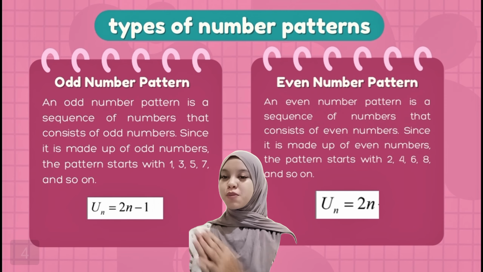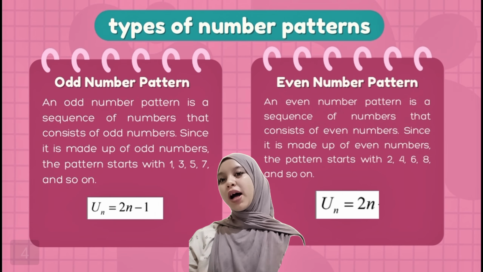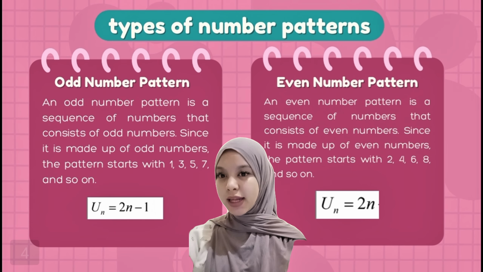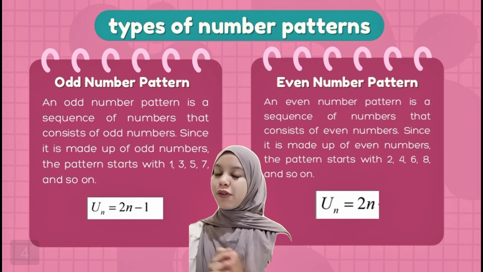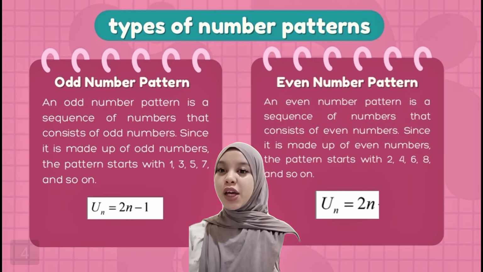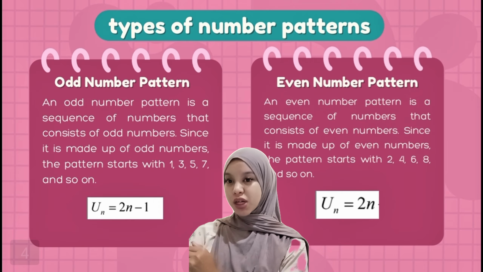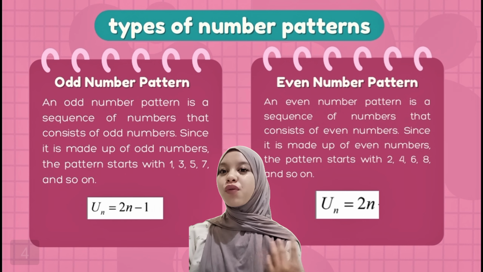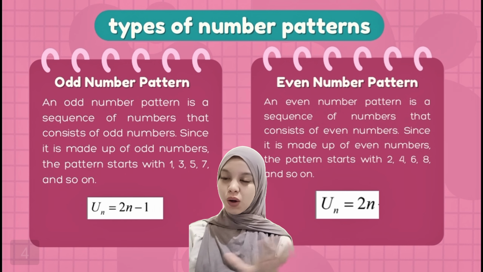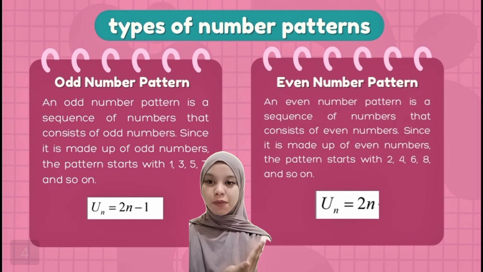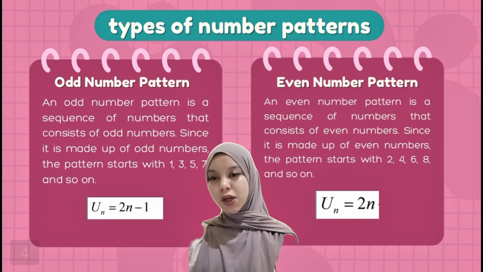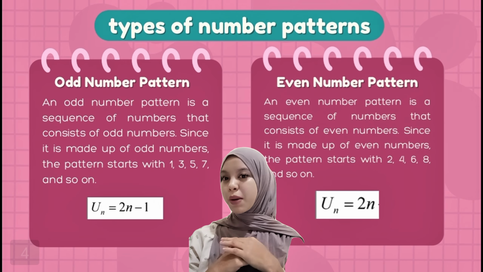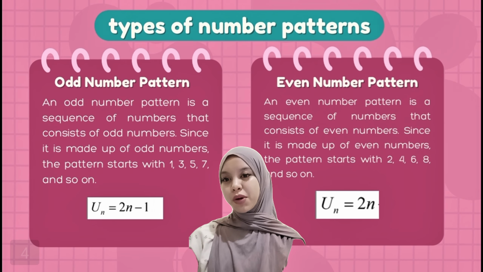In term formula, if n is 1 then u1 is 1. If n is 2 then u2 is 3. And n is 3 then u3 is 5. And so on.